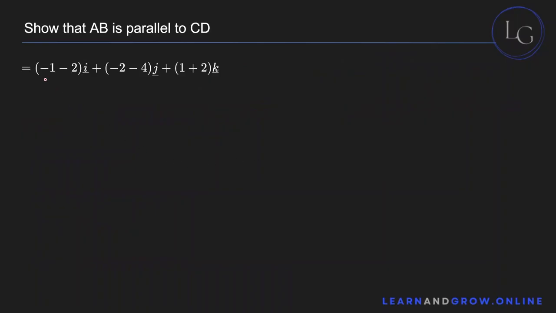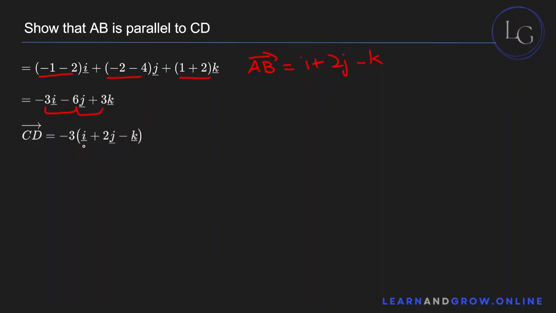And again, just like we did AB, we separate them into the three components i, j, k, and this is what you get. Now, remember that the vector AB was equal to i plus 2j minus k. And CD, if you take minus 3 common in all three terms, you get minus 3 into i plus 2j minus k. So CD is equal to minus 3AB. So it is indeed a scalar multiple. Hence, AB is parallel to CD.